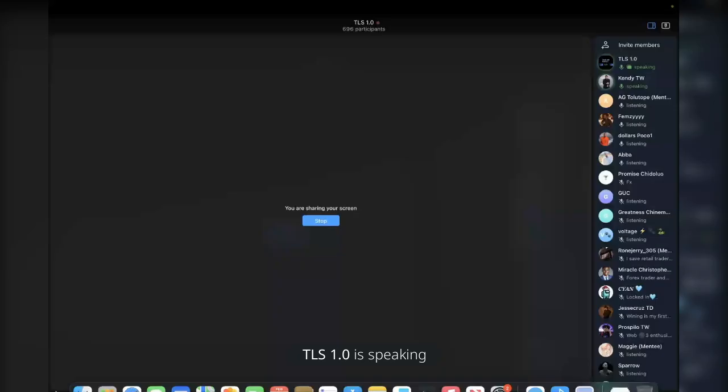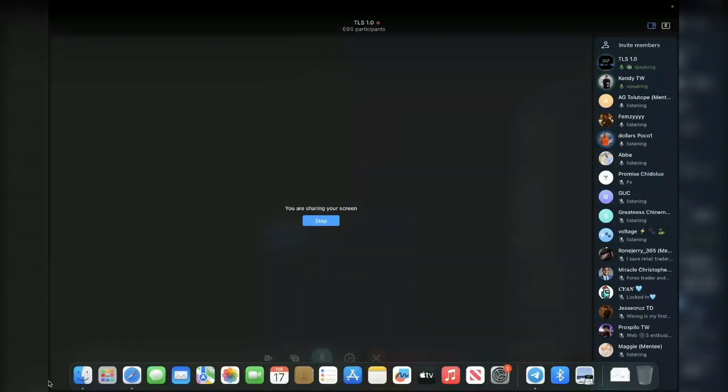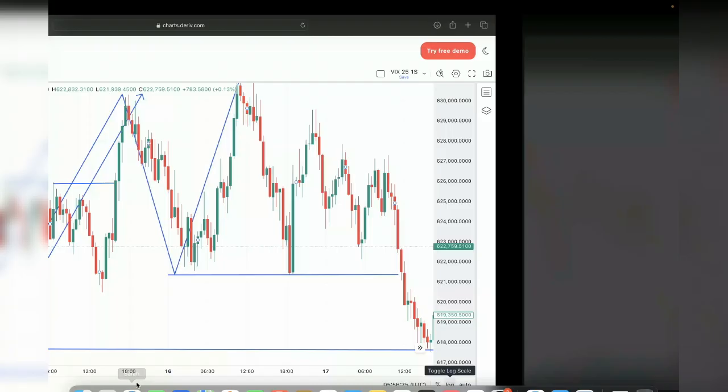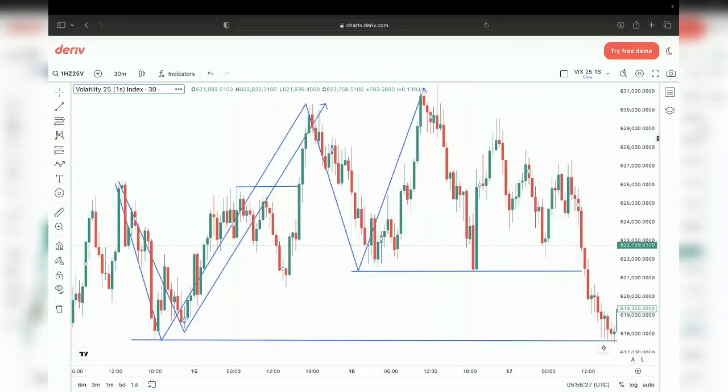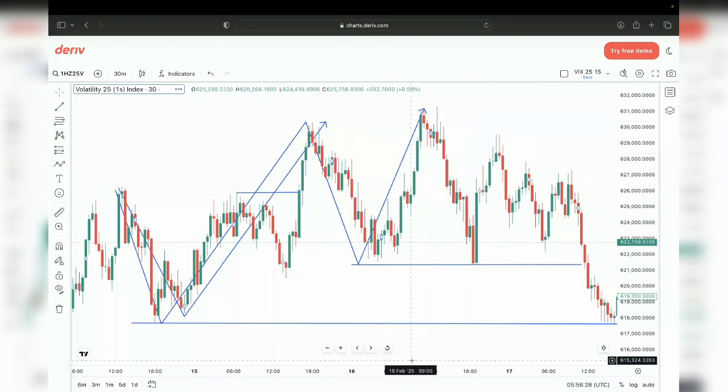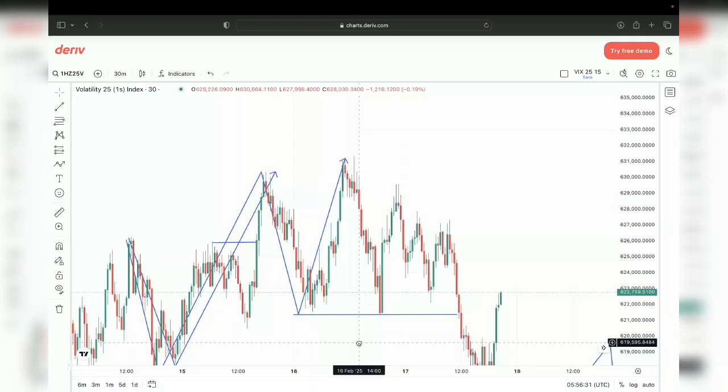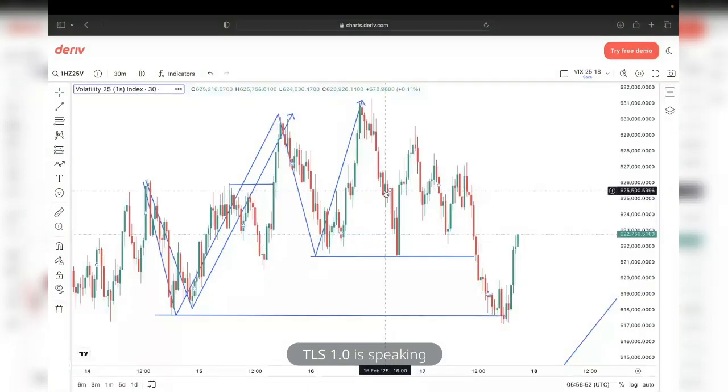You said that before we verify a valid change of character, the two lower, that is the higher low, will be taken out. So considering this last one, the place where the market started reacting from, let's say on the 1 hour time frame.